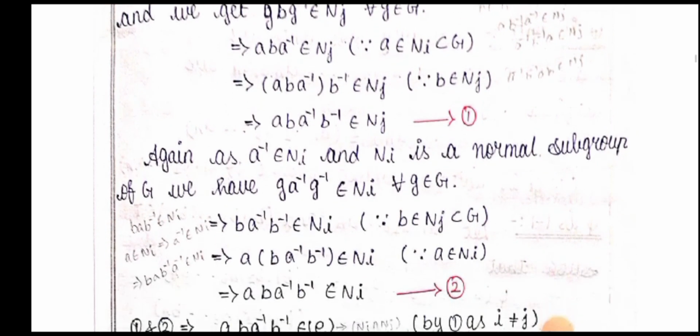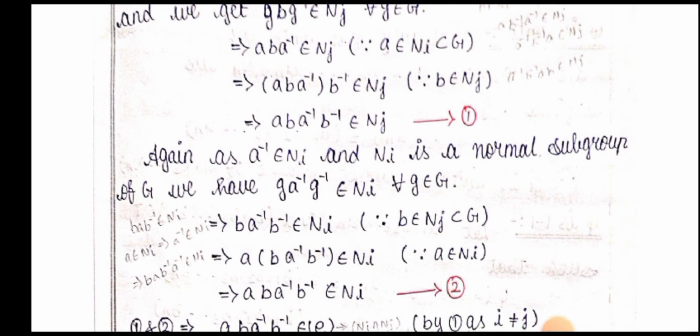Let it be equation 1. Again, as a belongs to Ni, we can say that a inverse also belongs to Ni. Then the element a inverse in Ni can be written as g a inverse g inverse belongs to Ni, which can also be written as b a inverse b inverse belongs to Ni, since b belongs to Nj, which is a subset of G. And I take an element in Ni, that is a, and I multiply it.